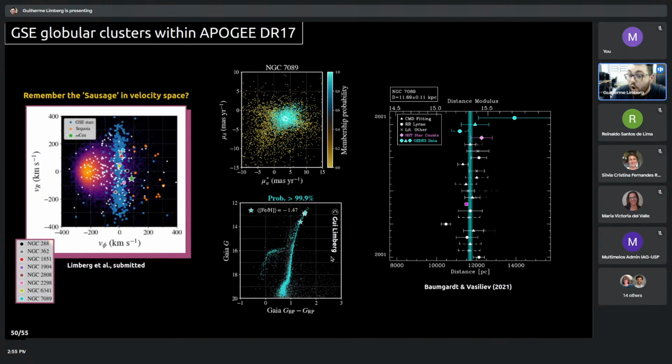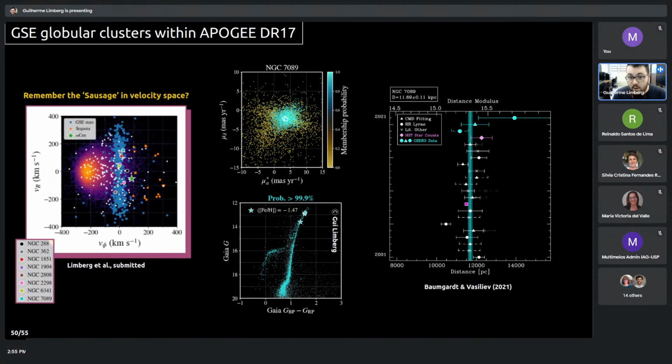And then we can also utilize the distances to these globular clusters. This is a figure from a paper from 2021, which combines data from Gaia with data from the literature to derive very precise distances to galactic globular clusters. And we can combine this distance information with the metallicity information from APOGEE in order to provide priors to the determination of ages via, for instance, isochrone fitting.